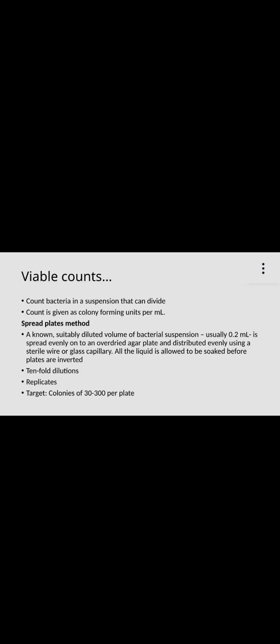This can be evenly spread using a sterile wire or glass capillary. And because the agar is slightly over-dried, the liquid will soak into the plate, leaving behind the microorganisms on the surface.